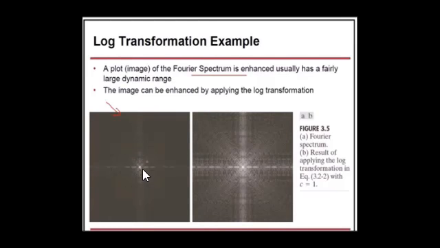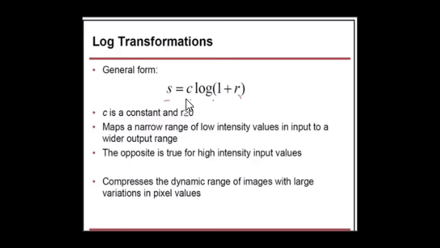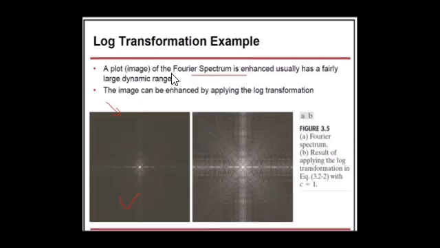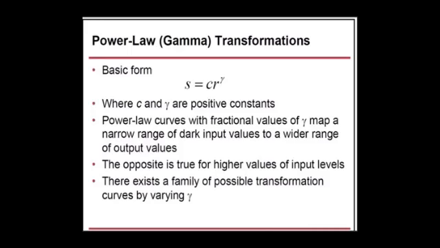Here the spot was seen over here, but if we apply the Fourier transform to it, we get this resultant image. We have studied this. Next is power law or gamma transformation.